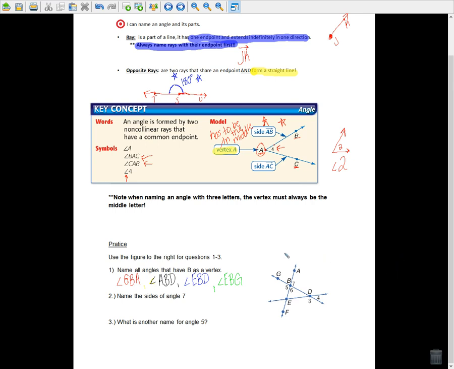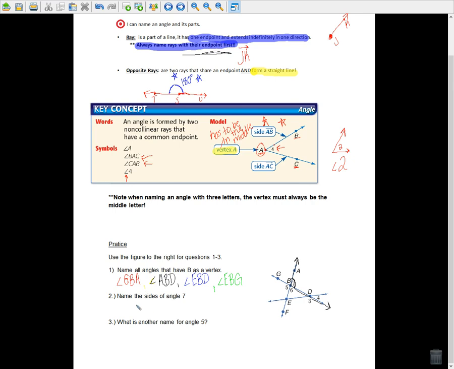Okay, number 2 says, name the sides of angle 7. Well, angle 7 is right here. And if we want to name the sides here, I notice these are rays, right? So B is our vertex, and these lines here are going to extend forever and ever. So these are going to be our 2 sides here, and we've got to remember, back up to the top here, how do we name a ray? We have to make sure that our endpoint is first.